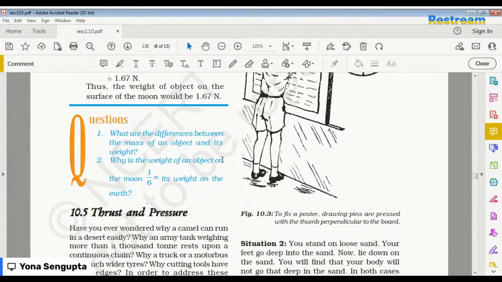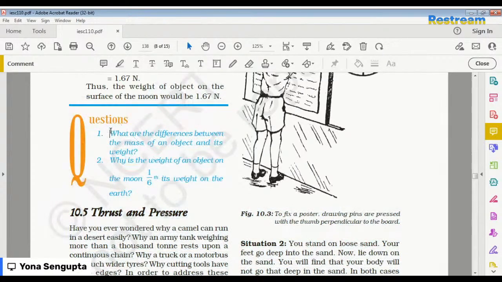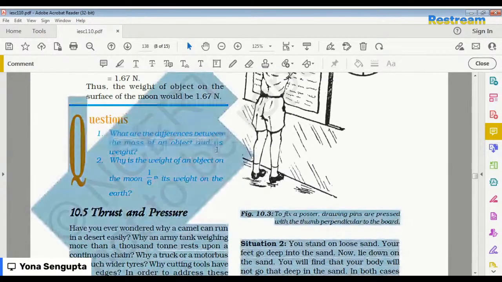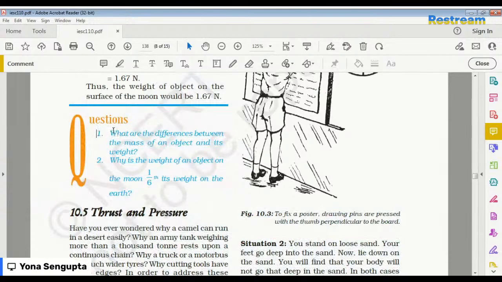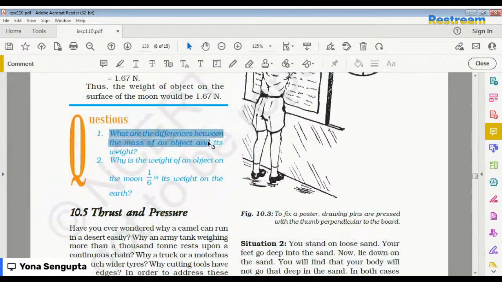And the second question is, why is the weight of an object on the moon one-sixth its weight on the earth? So let's do it.